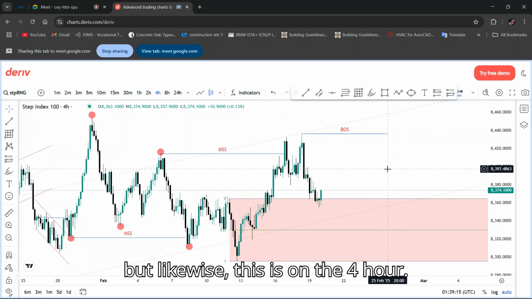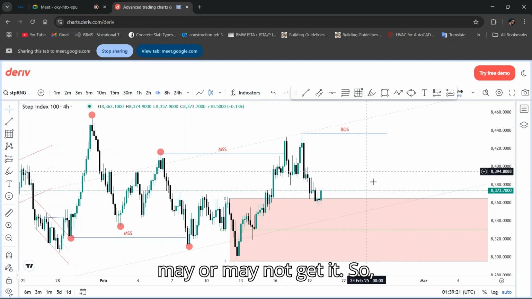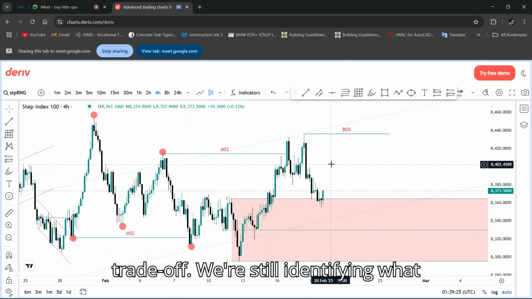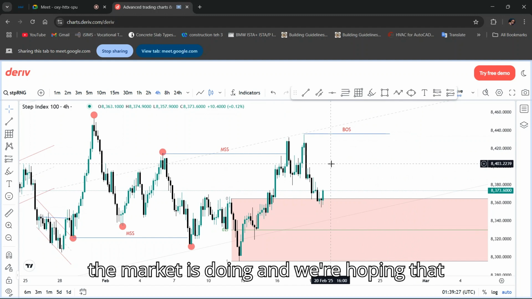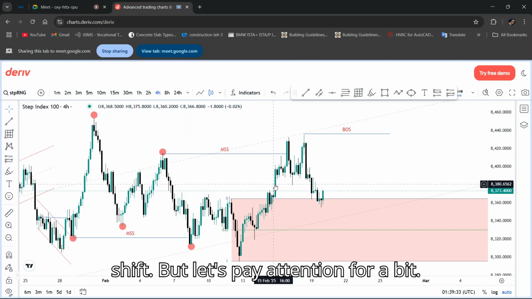But likewise, this is on the 4 hour. We're not going to fully confirm that; we may or may not get it. So this is not enough for us to take a trade. We are still identifying what the market is doing, and we are hoping that it should give us a market structure shift. But let's pay attention for a bit.